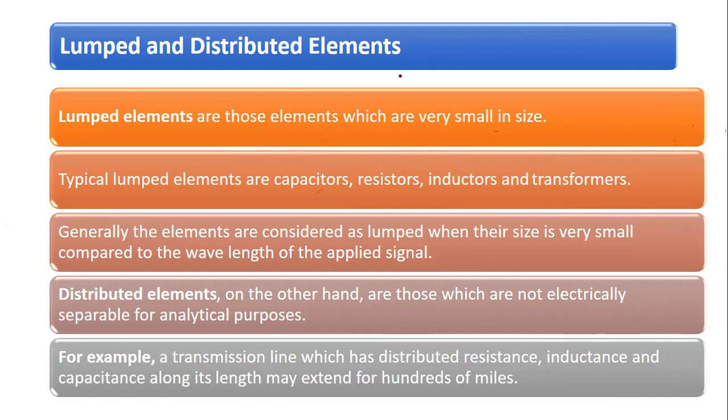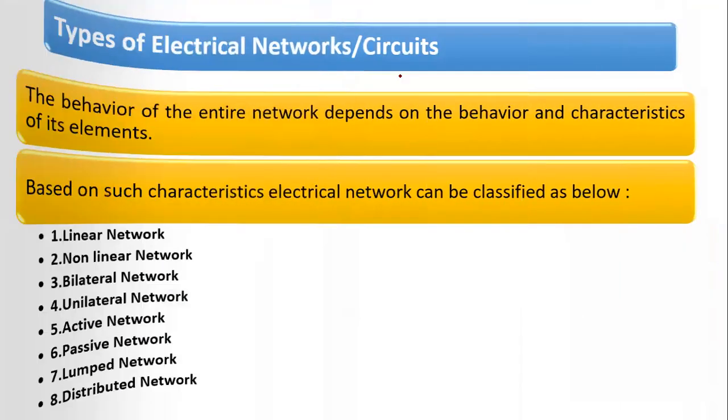If the circuit element is not physically separable, it is a distributed element. Or if the size of the circuit element is comparable with the wavelength of the input signal, we can say it is a distributed element. Okay, so there are two ways to understand this, right guys? Let us come to the next slide.